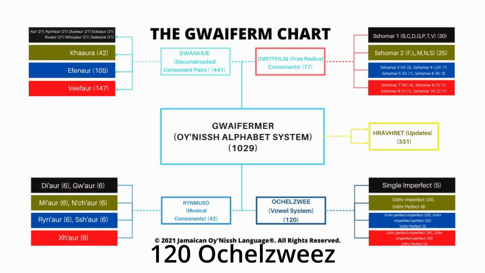There are 120 Oy'Nissh vowels. There are 331 Gwaiferms, which are character updates in reserve.